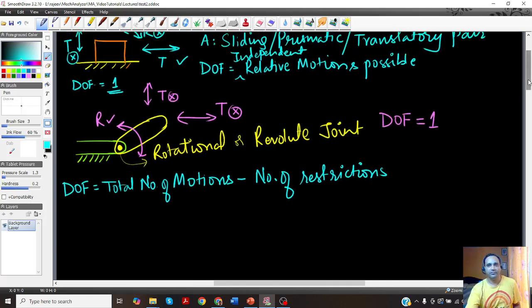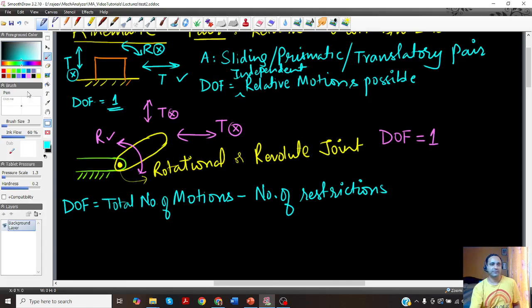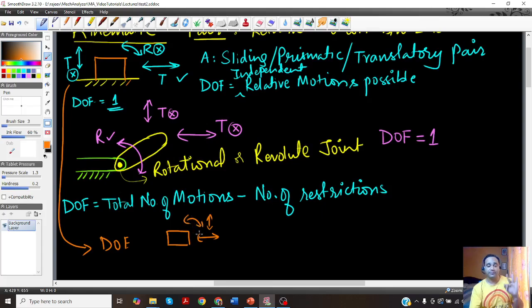So in the first case, what had happened? This case, the prismatic one. See, if I don't have any connection, if there is a rigid body, I can have three motions.